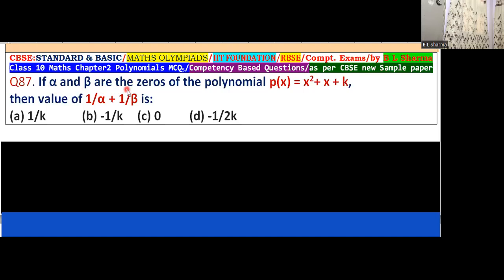If alpha and beta are the zeros of the polynomial x square plus x plus k, then what is the value of 1 upon alpha plus 1 upon beta?